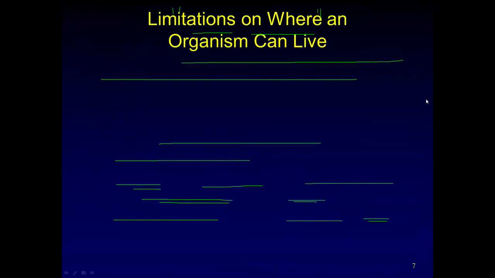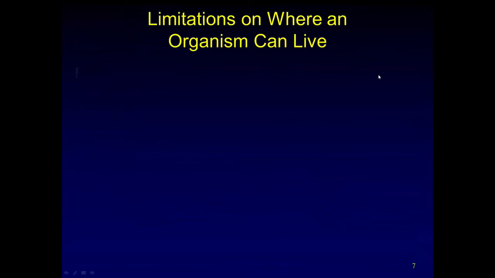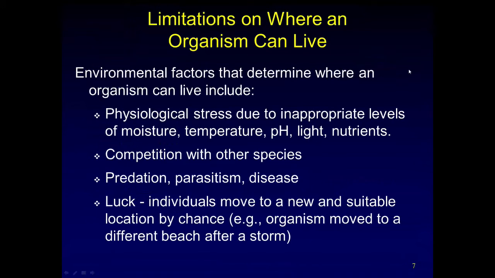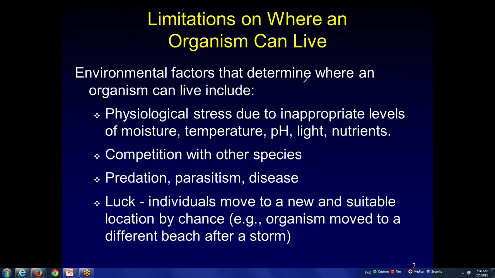Let's go ahead and look at some things that will determine where a species can live. All right, so now we've looked at natural selection. We've looked at evolution. We've looked at some basics here. Now let's apply natural selection and our understanding of evolution to this issue of where an organism can live.